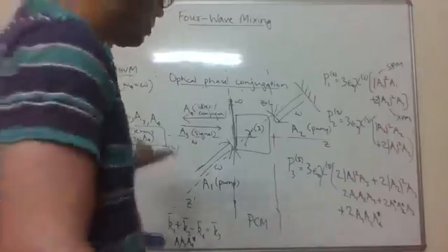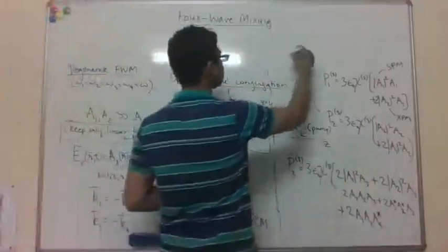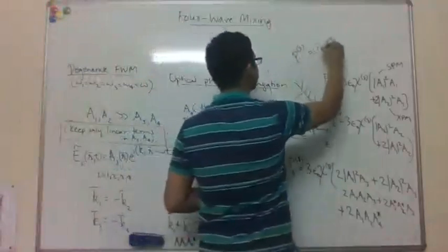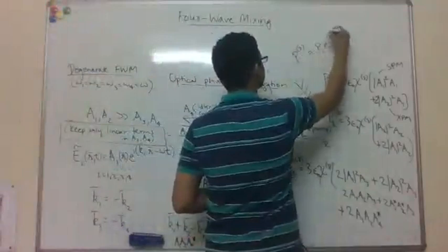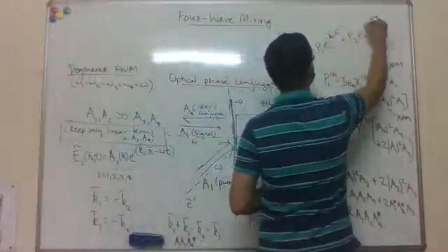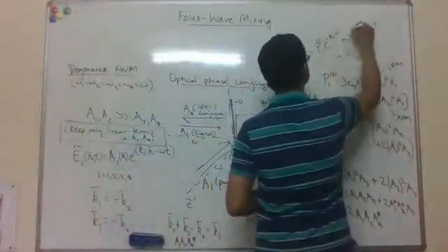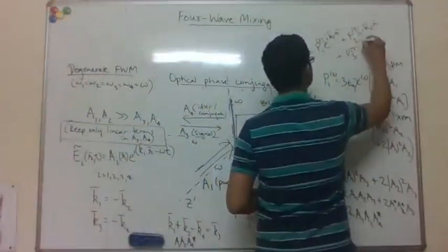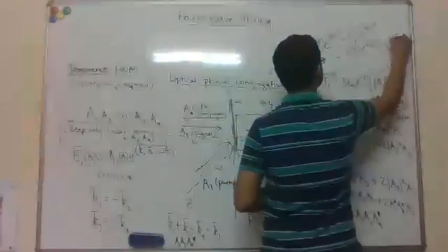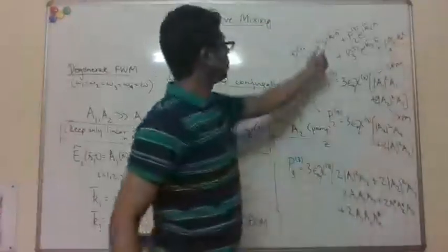So when you are calculating K3, looking at terms which go as... we wrote the total polarization as P1 plus P2, and I'm just doing this. So I want to look for terms.